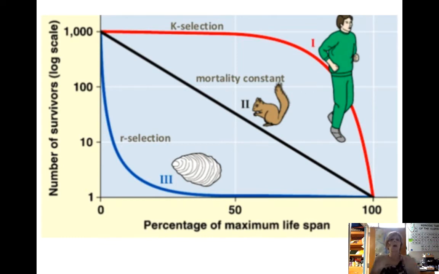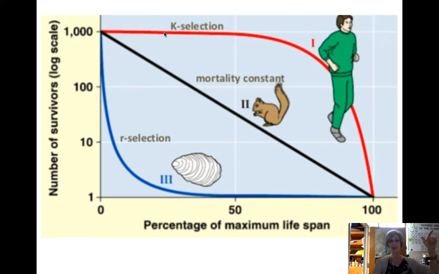This is just a graphical way of looking at the K selection versus the r selection strategies. And if you're on survivorship curve 2, you're kind of halfway in between. So let's look at humans. We're K selection, or like elephants. We don't produce a lot of offspring, but the ones that we do produce survive for a long period of time, right?